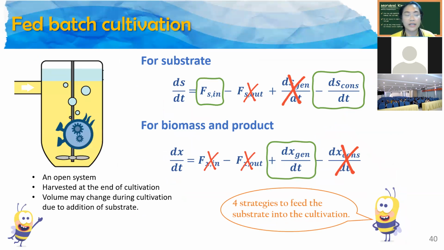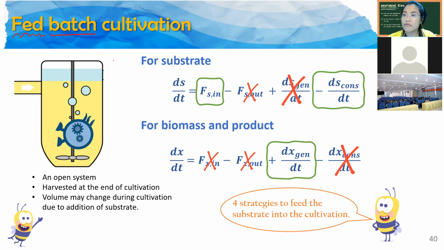Now the last variation of the cultivation mode is the fed batch cultivation. In fed batch cultivation, as the name says, it is the batch cultivation that has been fed. So that's why it's called fed batch.